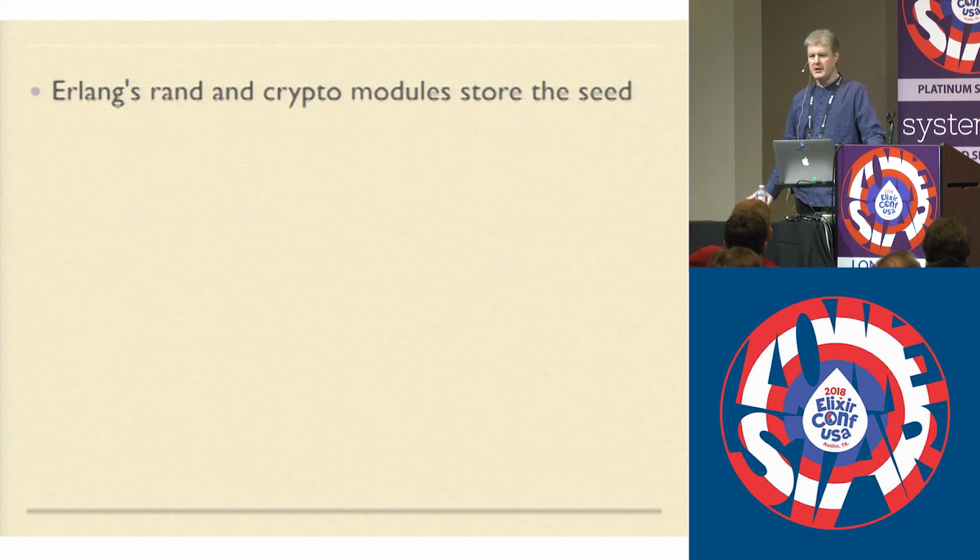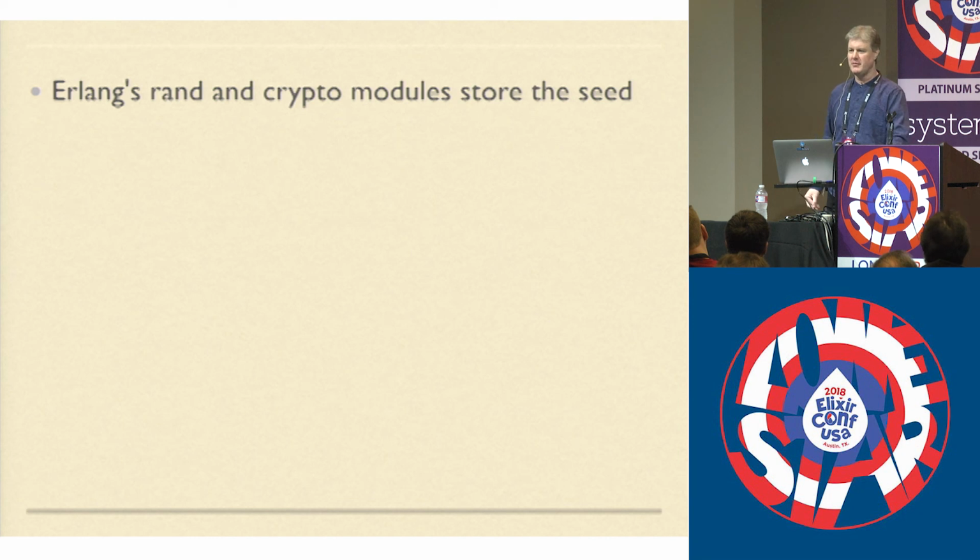The rand and the crypto modules in Erlang, which deal with seeding random numbers. Their APIs probably could have been written to take this random seed that you keep passing through all the subsequent calls that you make involving random numbers, potentially passing it through 3 modules before you get to the module that really cares about the random number. But it stores it in the process dictionary, and it makes it a very convenient client interface.